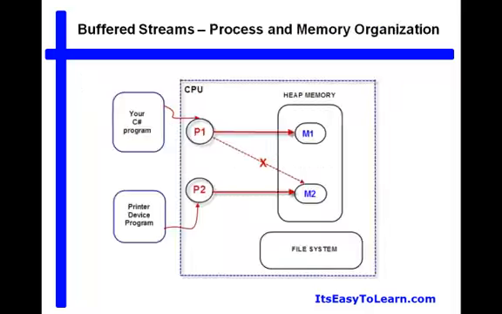For example, let us say you have written a C# program, and when you compile this program and run it, it is converted into a process. Let's call this process P1. In your computer processor for the moment, there are multiple processes running simultaneously.